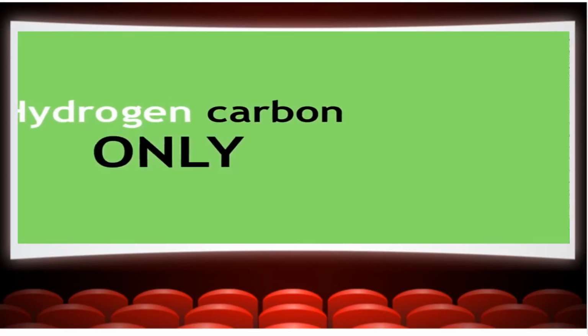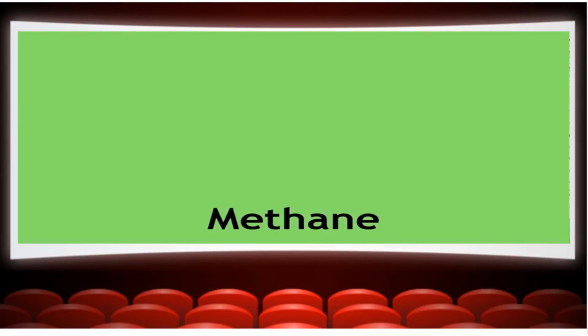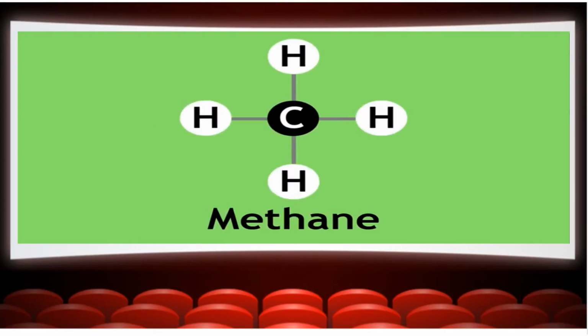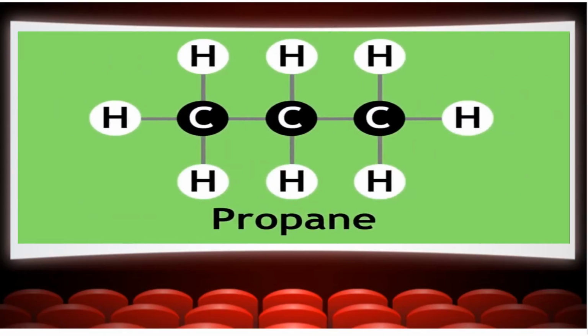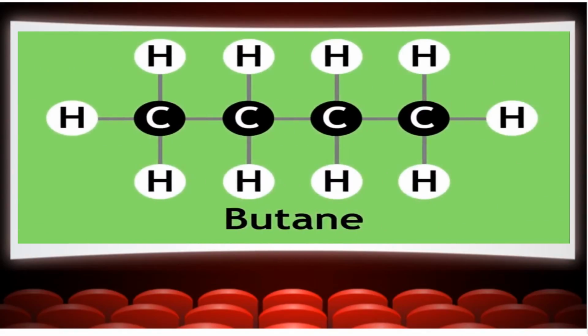The simplest hydrocarbon is methane. It consists of 1 carbon with 4 covalent bonds to hydrogen atoms. The next in the series has 2 carbon atoms, and this is called ethane, and is followed by propane and then butane, these being the names of the first 4 in the series of molecules called the alkanes.